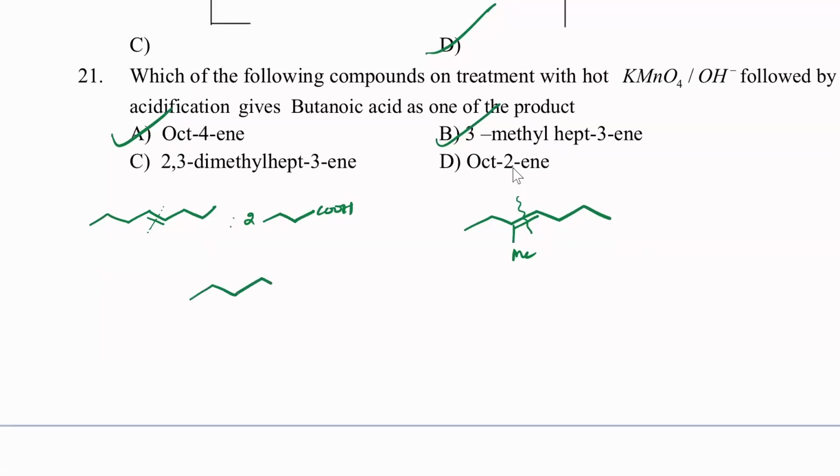So here we have 1, 2, 3, 4, 5, 6, double bond, and 2 and 3 here. Correct. So this is how it is present. So in that case also if you break it down, we will still get butanoic acid as one of the cases. Oct-2-ene: if you have oct-2-ene, we will not be able to get the butanoic acid form. So what is that? ABC.